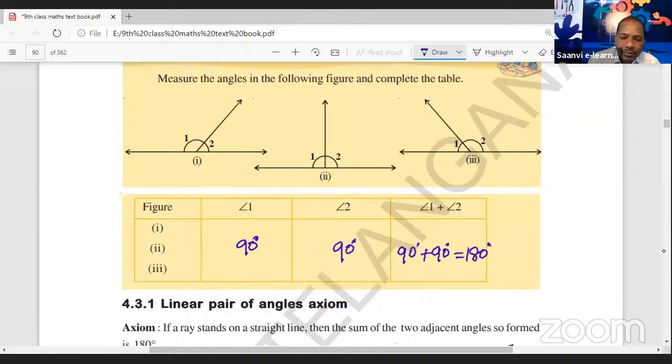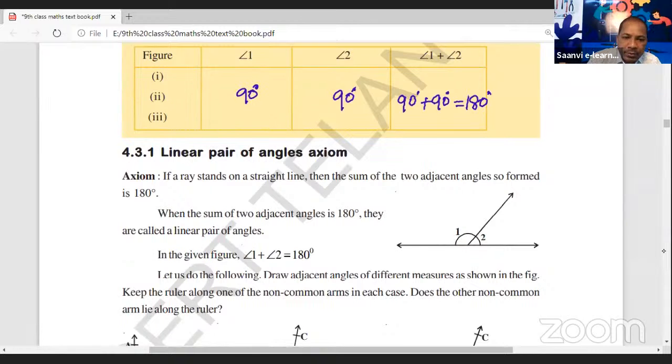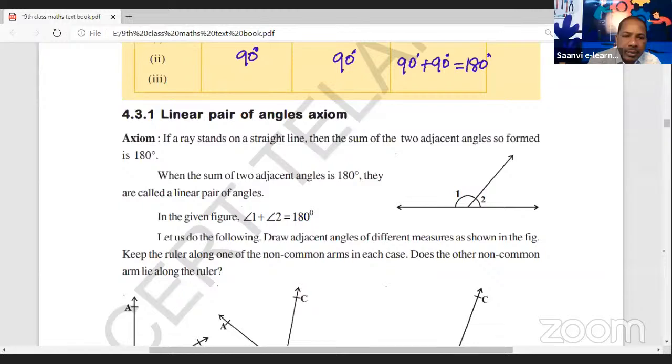So in the same way, if the sum of two adjacent angles is equal to 180 degrees, then the two angles are called linear pair of angles. Okay, children, here see the definition is given. When the sum of two adjacent angles is 180 degrees, they are called linear pair of angles. Adjacent angles means two angles have a common arm and common vertex.